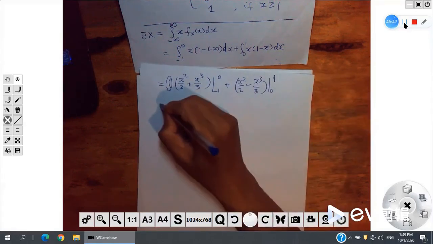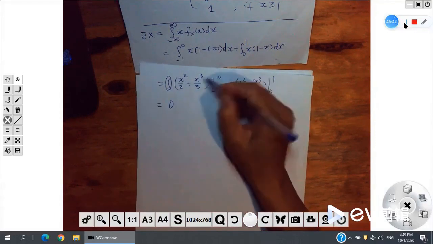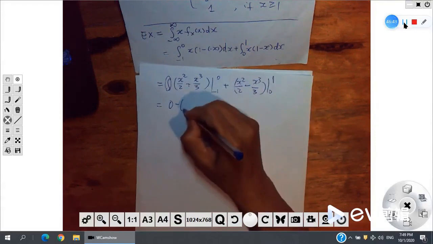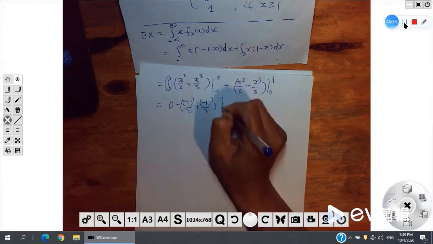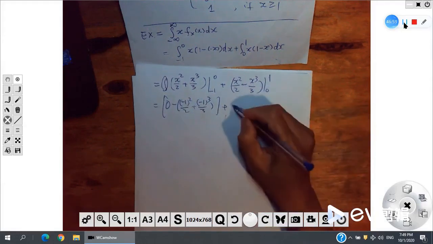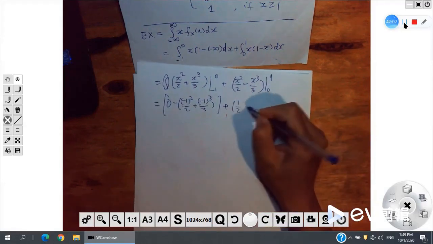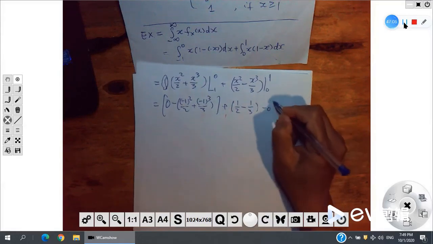Okay, let me plug in 0. It's 0, right? Then minus negative 1 squared over 2 and negative 1 cubed over 3. This is the first part. Second part, plug in 1, that is 1 over 2, and minus 1 over 3, and minus 0.